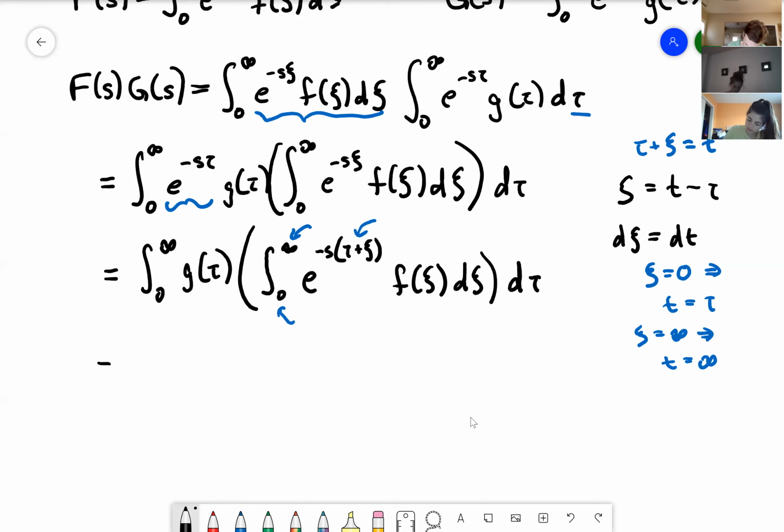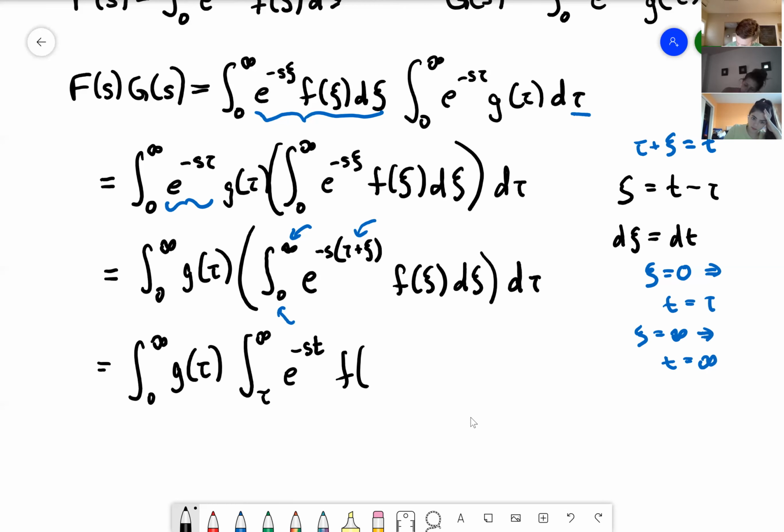Now we can rewrite this: integral from 0 to infinity, g of tau times the integral from tau to infinity of e to the minus st f of t minus tau dt, d tau. So we haven't messed up the relationship with tau. We've just done a change of variables.